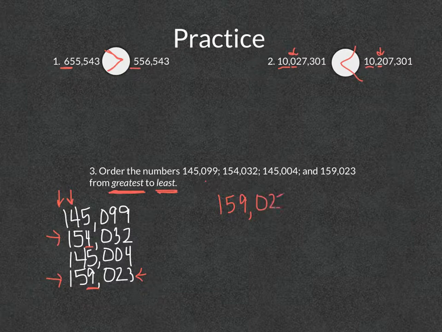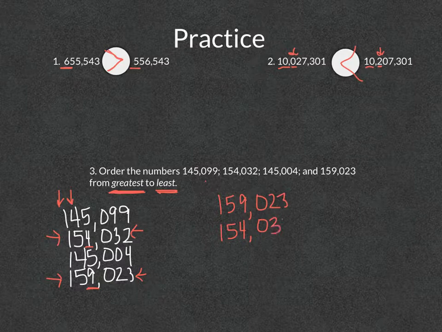159,023. Okay, next I know it's going to be 154,032. Okay, now I'm going to look at my last two numbers. I've got a 145, 145,000s. Okay, if I look at the hundreds place, both zeros. I'm looking here and I'm looking here, both zeros.